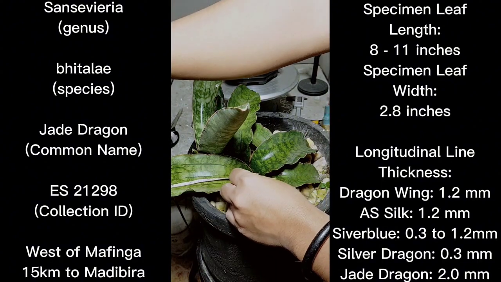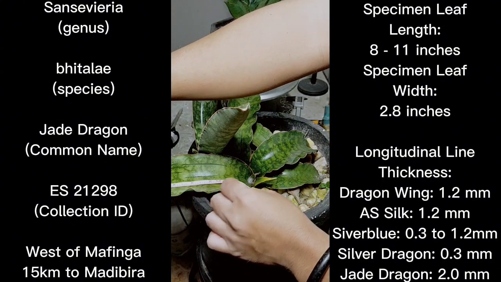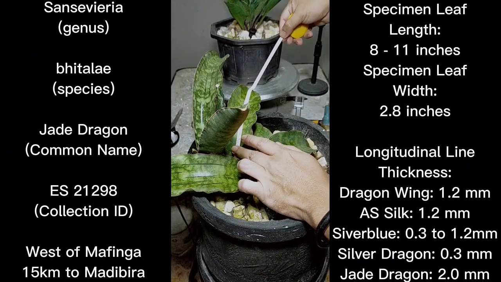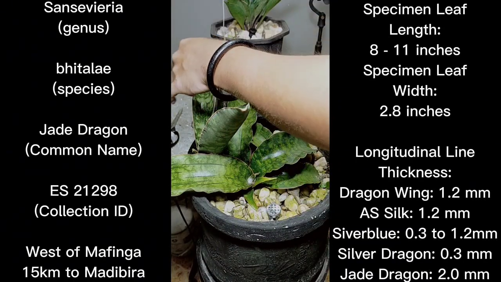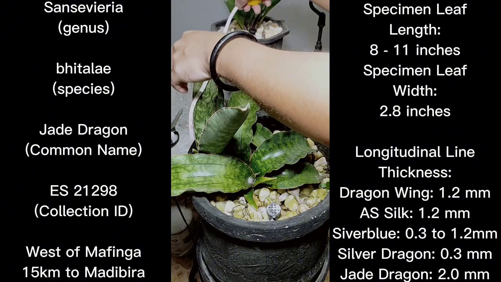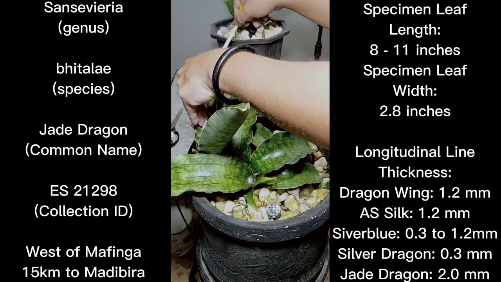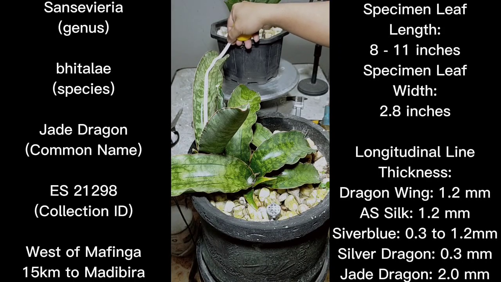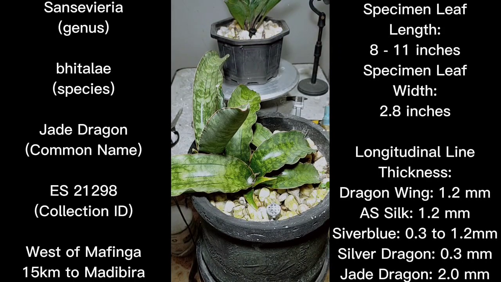The other ones are 9 to 10 inches, 8 inches. So it's safe to say that the specimen leaf length that I have collected is 9 to 11 inches. So we managed to get the data with regards to leaf width and leaf length.